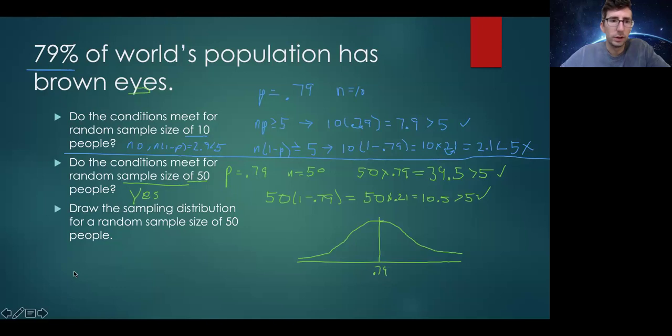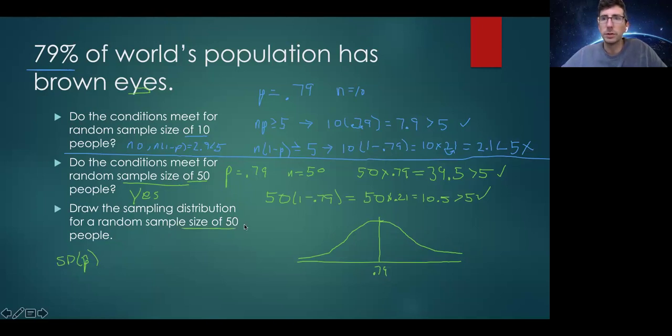And we need to calculate the standard deviation of our sampling proportions, right? So this is a sampling distribution for a random sample size 50. This is a distribution of all the possible sample proportions that we could obtain from a sample size of 50.